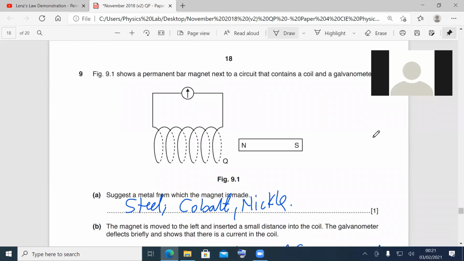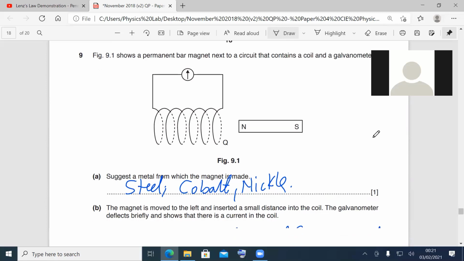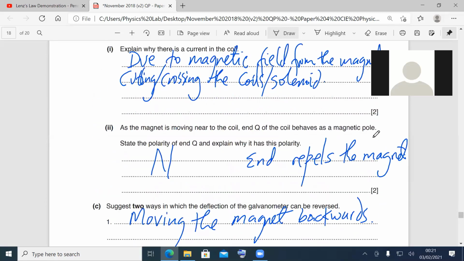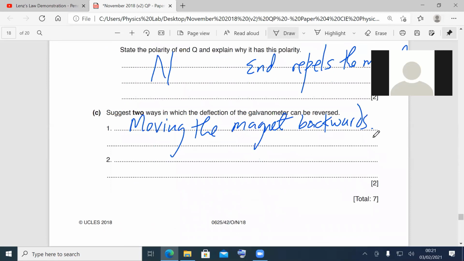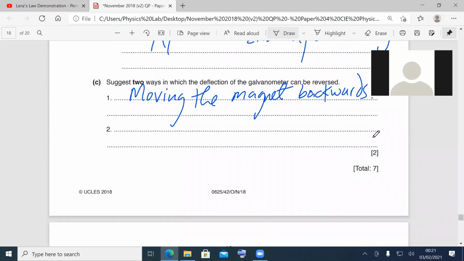You can also talk about interchanging the terminals of the coil, that can be another, or even moving the solenoid itself.